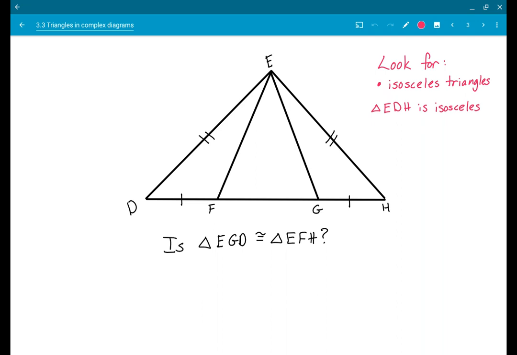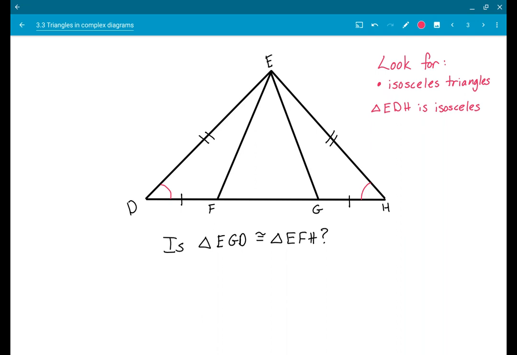Now we're only given information about DF, GH, and then the two sides from D to E and H to E. But if you notice, this is an isosceles triangle. And something we learned about isosceles triangles is that the angles opposite the two congruent sides are also congruent. So I could draw that in as well.